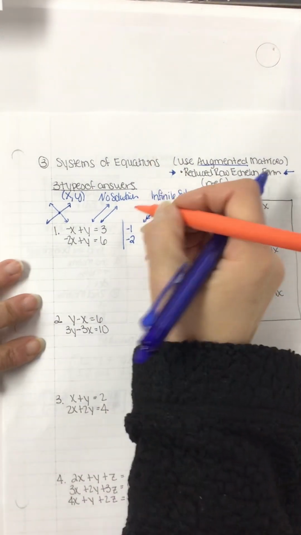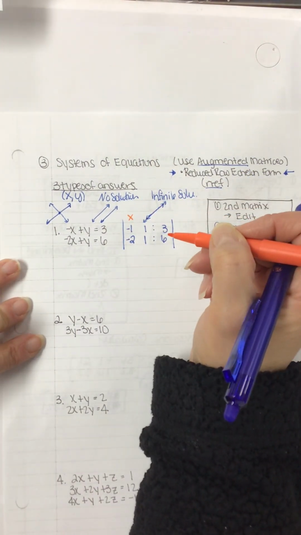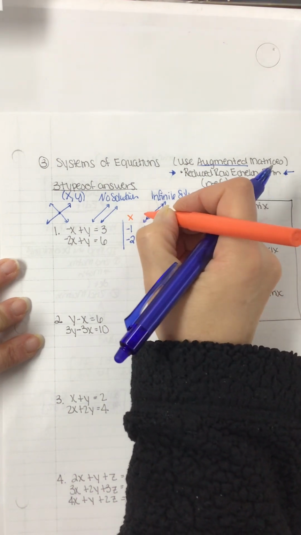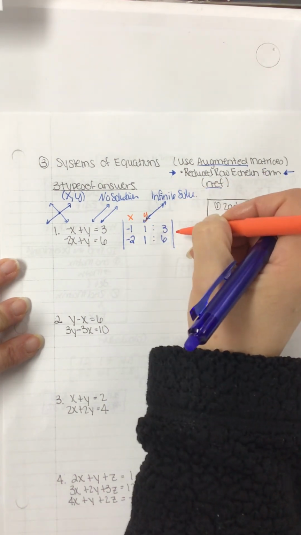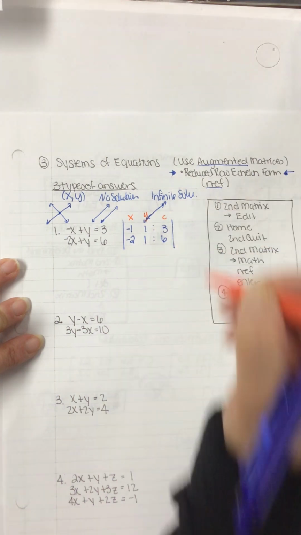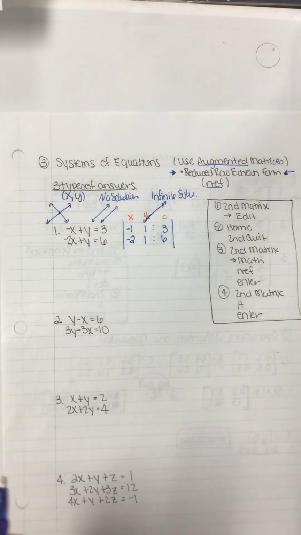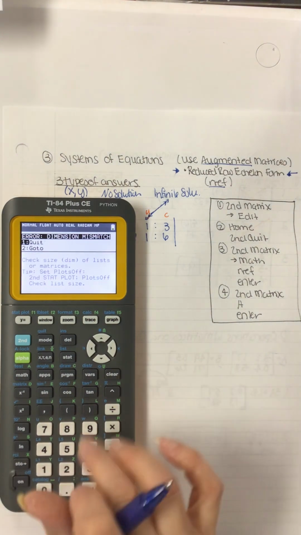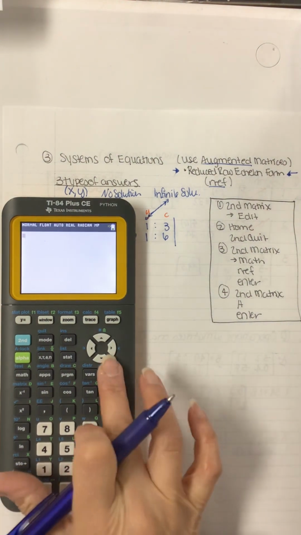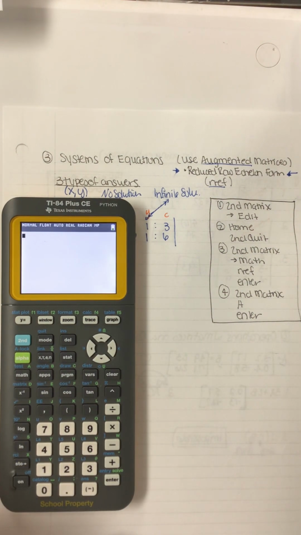This first column represented our x's. Do you agree with that? The second column represented our y's. And the third column was the constant. Do you agree? How could we store that matrix? What do you do? How do I store it?